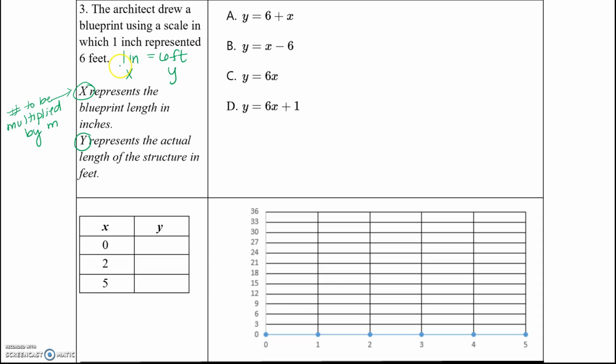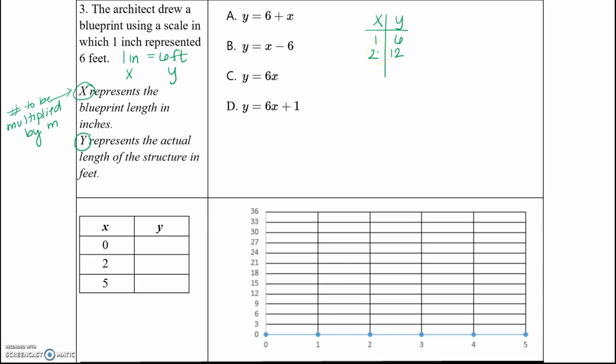So how do I get from 1 to 6, right? So I need to think about this. I'm going to make a table just to think about it. So if I have 1 inch equals 6 feet, right? So if I have 2 inches, then that would be 12 feet, right?